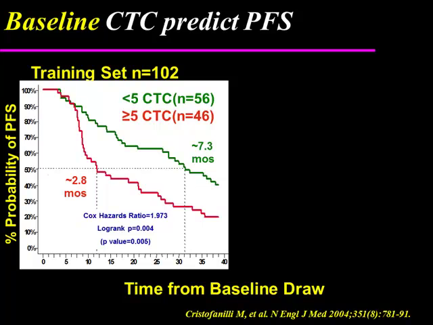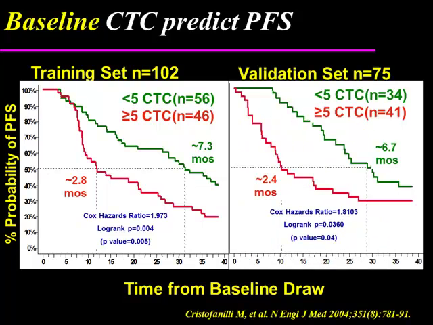Now, they all have metastatic disease, so they're all continuing to relapse over time, but clearly this was a prognostic assay. And then with no monkey business, we applied it to the second set of patients who were enrolled in that trial and got almost identical results.